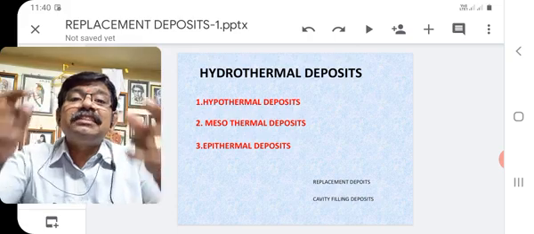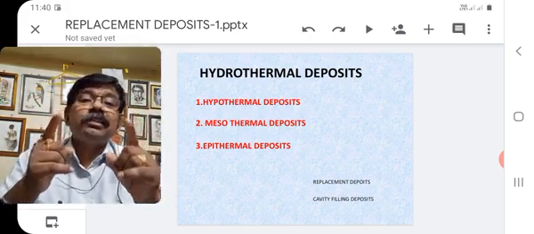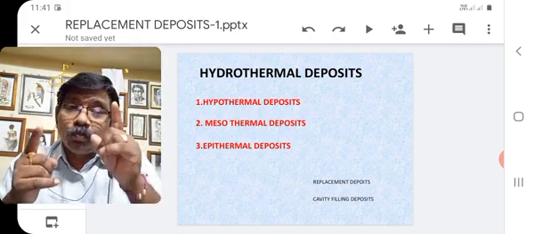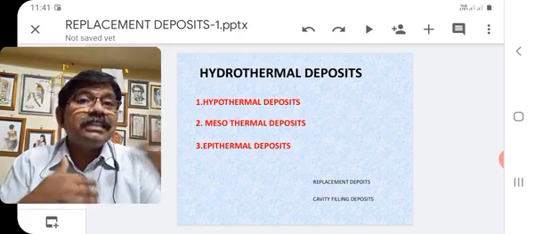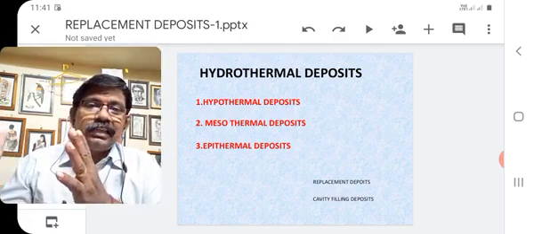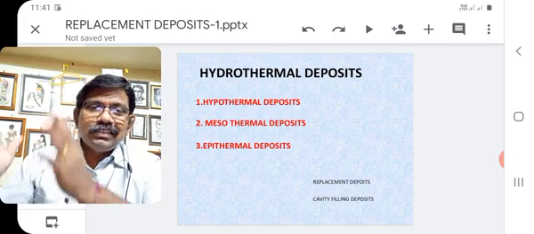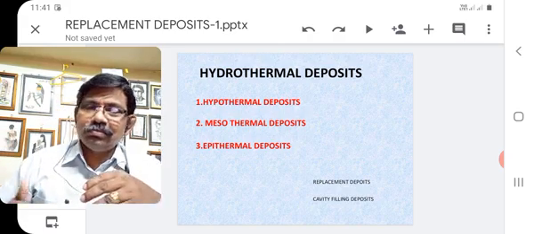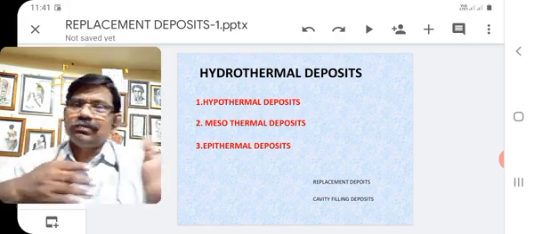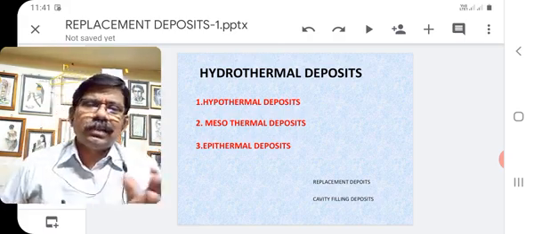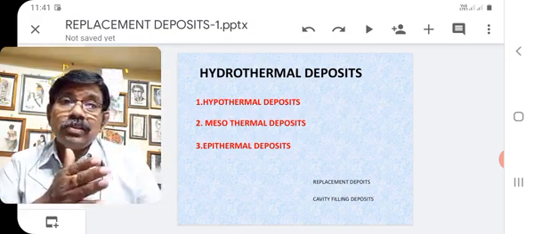It will create the place itself. That is what happens in the replacement deposit. That is why they use the word replacement. It's replacing itself. Suppose there is some student on a bench. You have to pick him up. Suppose a TV is on the table. You have to totally remove that and keep it elsewhere. Like that, totally remove it.